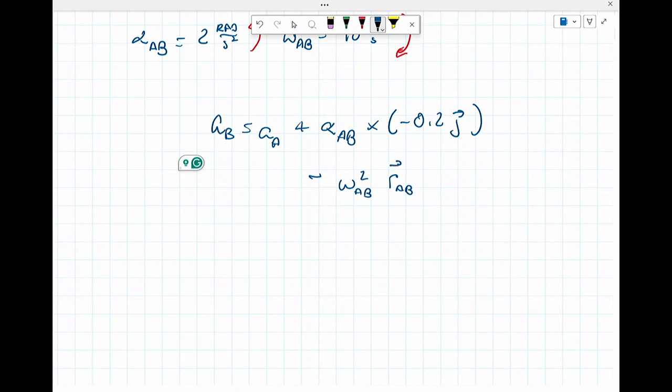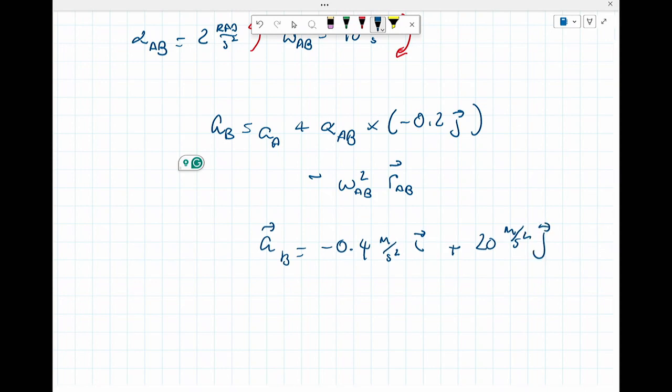So the acceleration of B I can calculate based on all of this. I have all of the information given to me at the beginning of the problem: acceleration of A, alpha AB, and omega AB squared. And if I put those together into the vector expression, which is a much better way to do this, I end up with minus 0.4 meters per second squared I, plus 20 meters per second squared J.